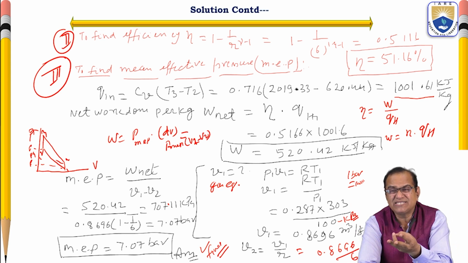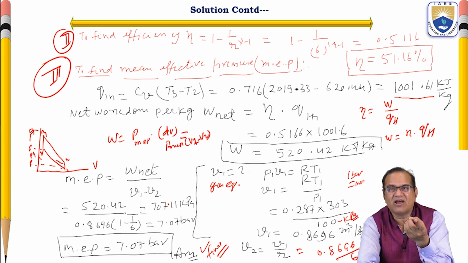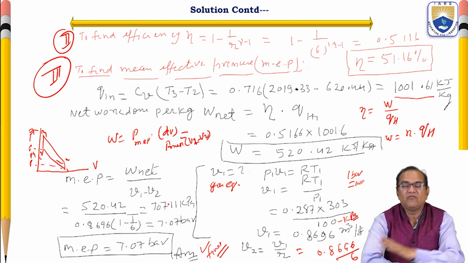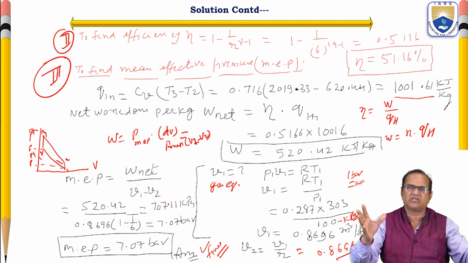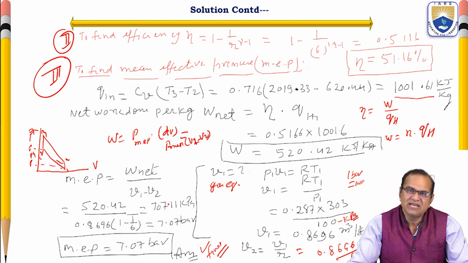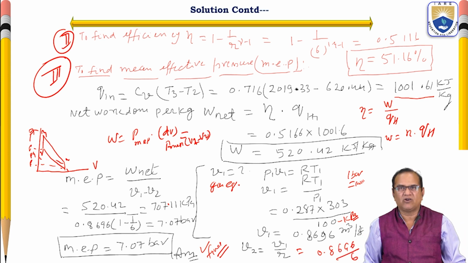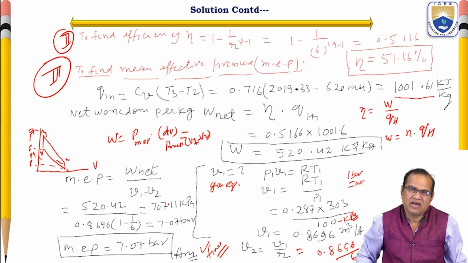So if heat supplied, maximum pressure or maximum temperature is given along with the initial conditions, we can very well find out the whole system by using the thermodynamic relations. In this way we can find out all the answers.